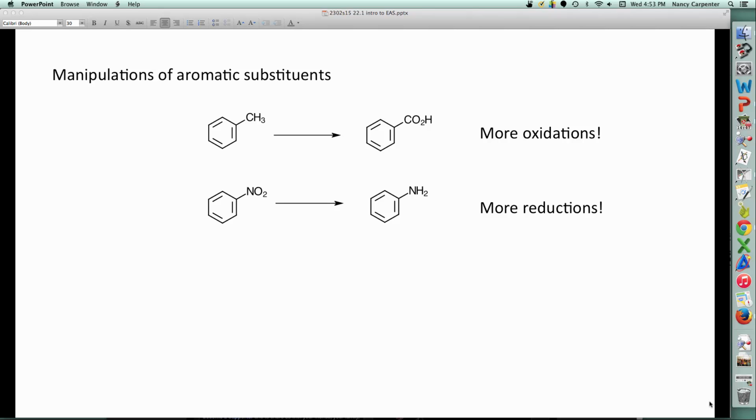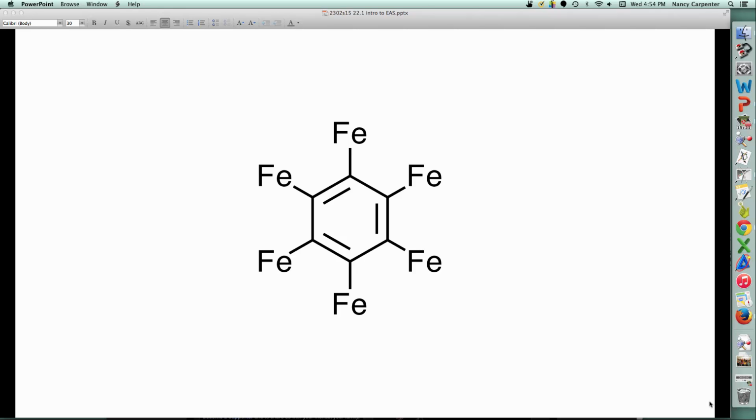We're also going to see how we can get from a nitro group, clearly oxidized, to put hydrogens on instead of the oxygens, that's definitely a reduction. And we'll see, how do we get an OH group on the aromatic ring? Oh, you might find out that Carpenter perhaps hasn't been quite as straightforward with you as you would like to believe. So that's the big overview.